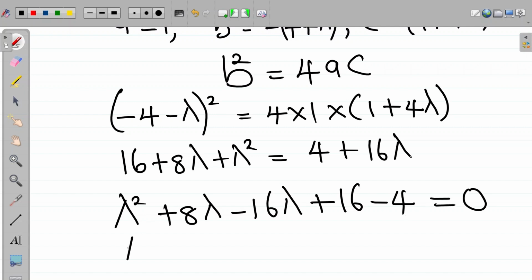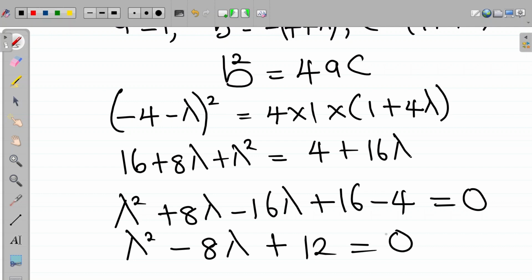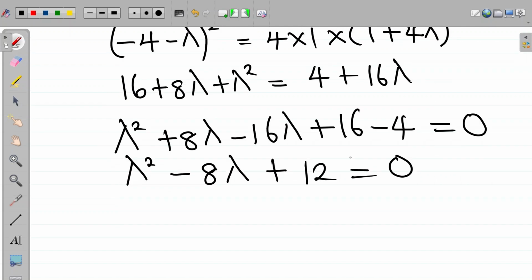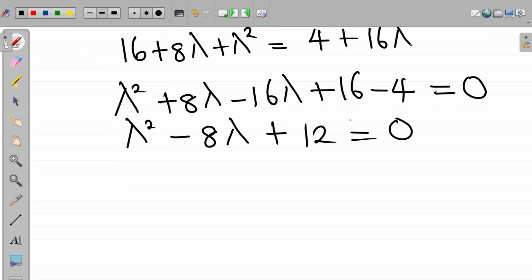So we have lambda squared plus 8 lambda minus 16 lambda is minus 8 lambda, plus 16 minus 4 is 12, equal to 0.